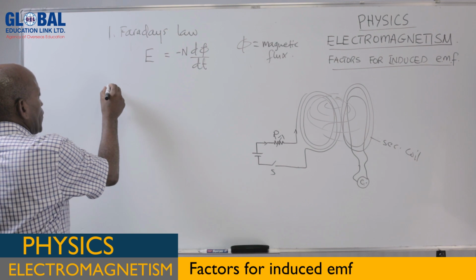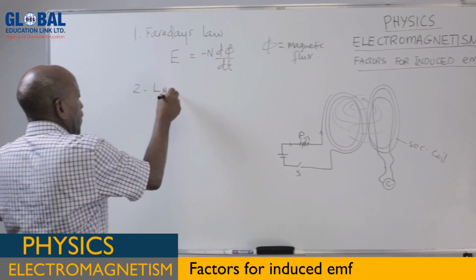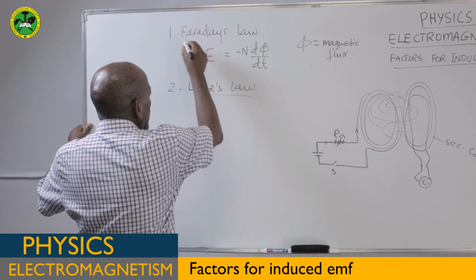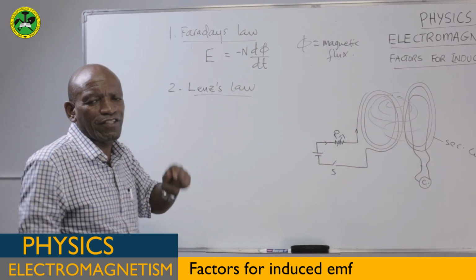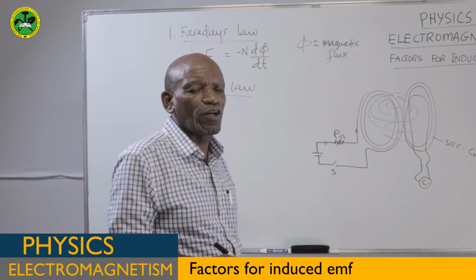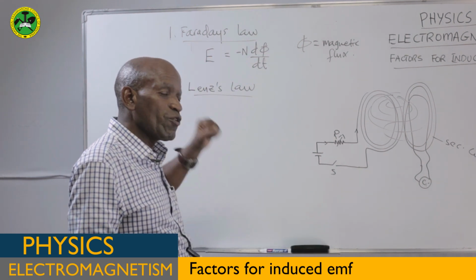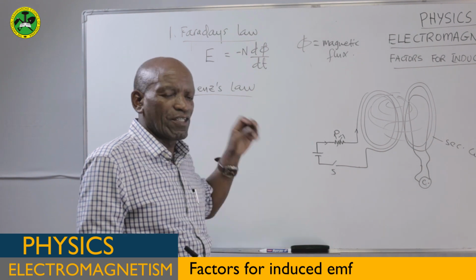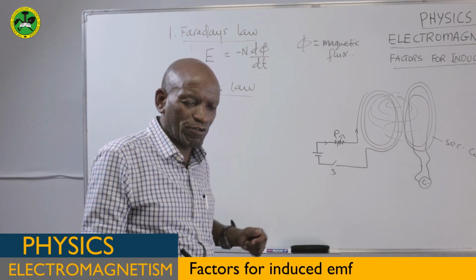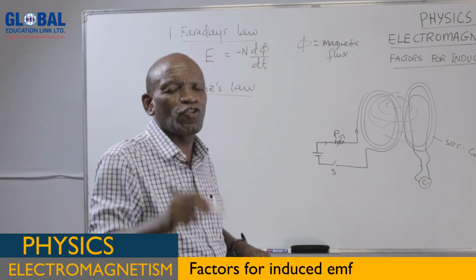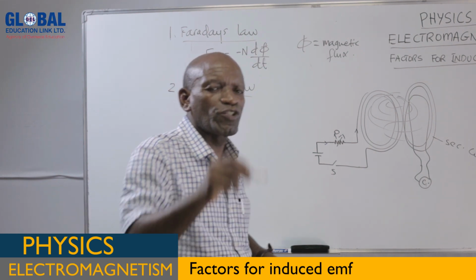And the second one is what we call Lenz's law. Now, Lenz's law talks about the direction of the induced EMF in a coil. It says that the induced current or the induced EMF in a circuit is always such that it opposes the change which causes it.